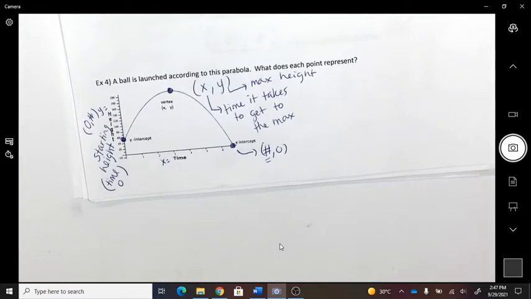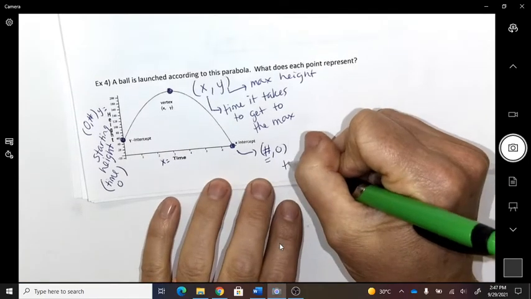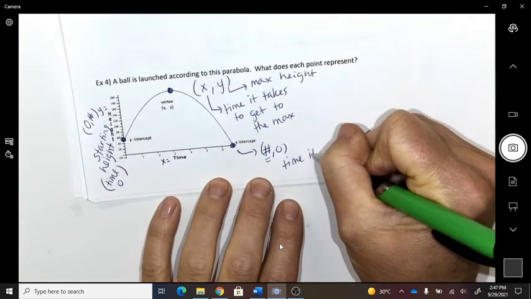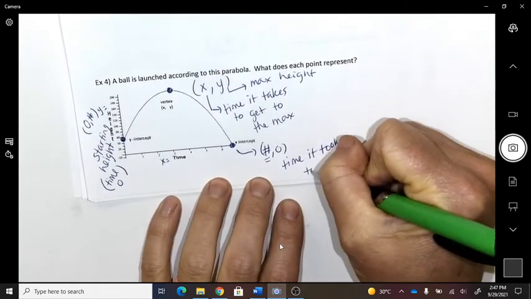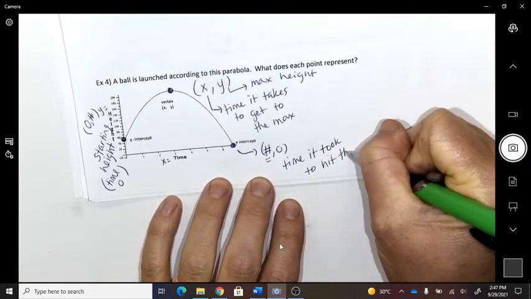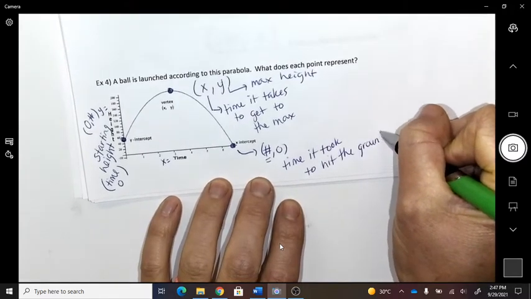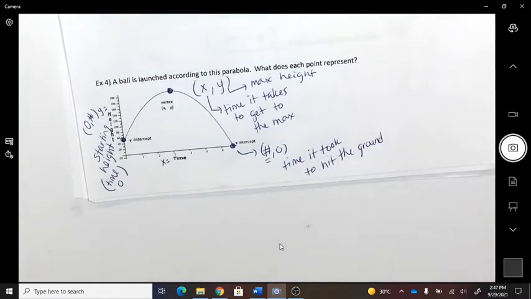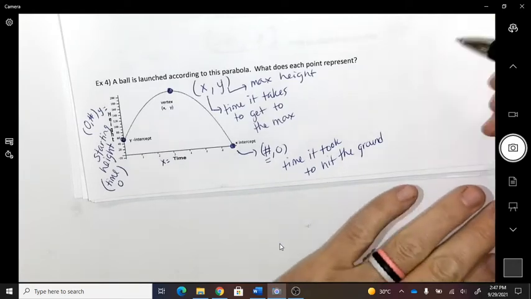Let's say it's 7. 7 what? 7 seconds it took to hit the ground. Where's the units of measure? Okay? Does that make sense? The time it took to get there.